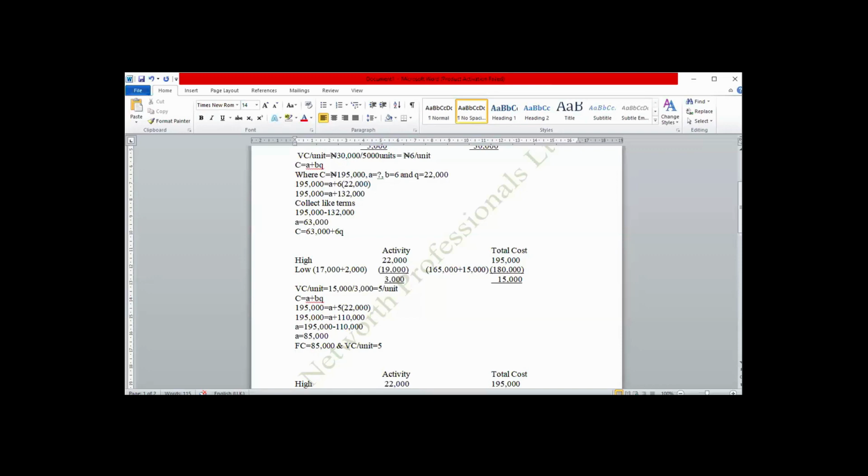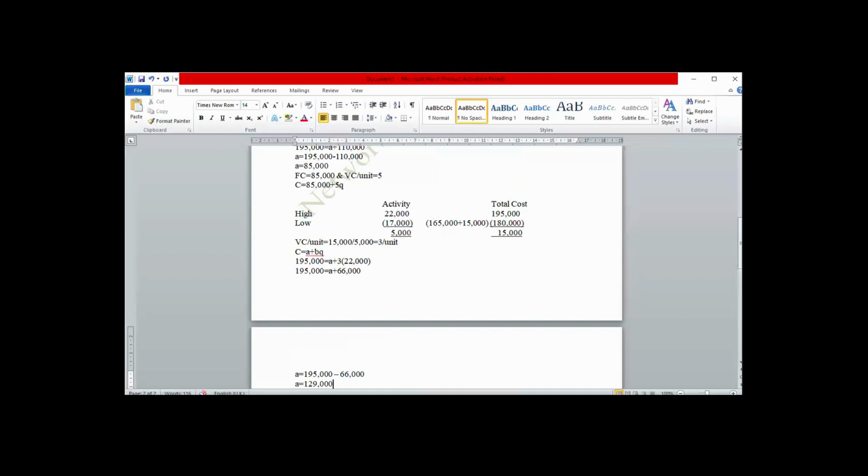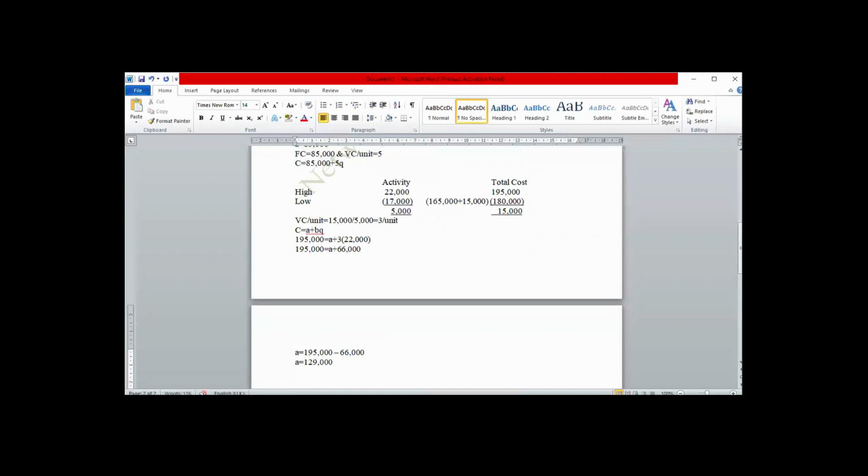I can say that I have C equals 85,000 plus 5Q. That's the cost function. Then I will also come up with another one saying that C is equal to 129,000 plus 3 naira, 3Q.